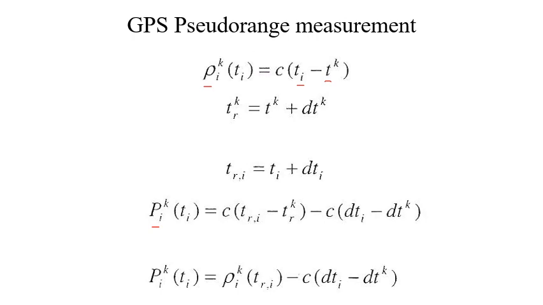As you see, k is a superscript, so this denotes the satellite, and i subscript denotes the receiver reception time. The reception time is always larger than Tk because you receive the signal at a later time. So if I obtain the signal at Ti, subtract Tk, the satellite emission time, and multiply this by c, I can obtain directly the geometric distance.